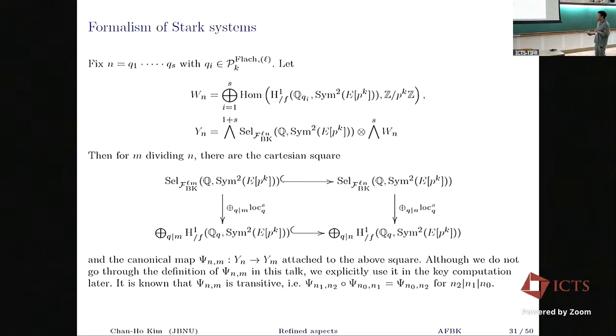For m dividing n, there is a Cartesian square from the Ln Bloch-Kato Selmer group embedded into the Lm Bloch-Kato Selmer group, with the Galois modules the same, and the product of the localizations also embedded like this. There is a canonical map psi_nm from Y_n to Y_m attached to this square. Although we will not go through the definition, we will explicitly use it in the key computation later. It is known that this psi_nm is transitive, which is good for us.